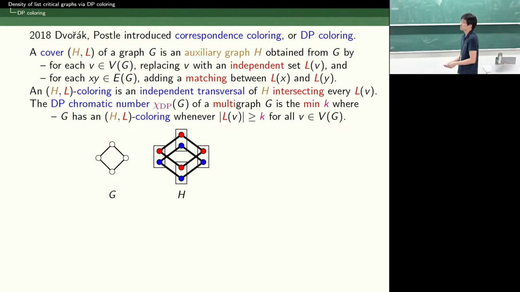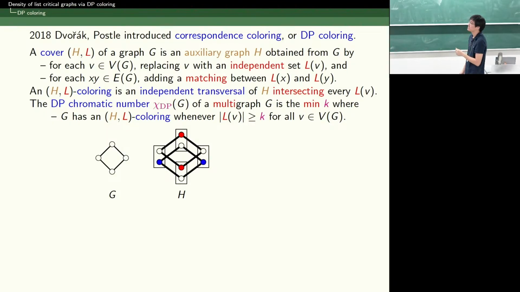And what do you want to do? You want to pick a color from each of the available lists so that the colors you've chosen induce no edge. So for example, if I choose something like this, red for the top and bottom vertex and blue for the left and right vertex, then the chosen vertices will not induce any edge. So this is a good coloring.